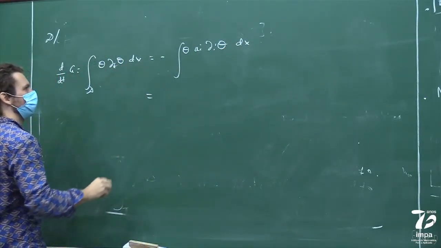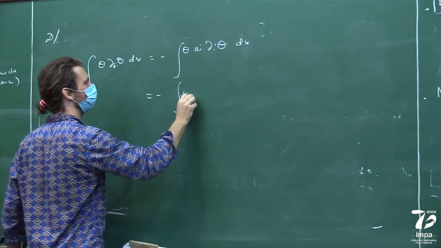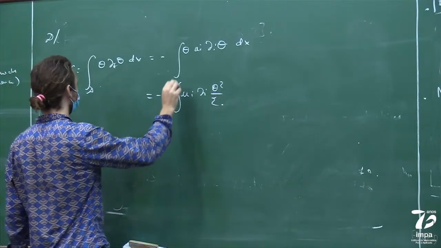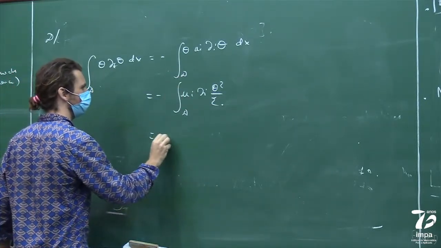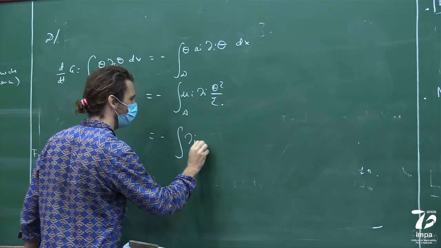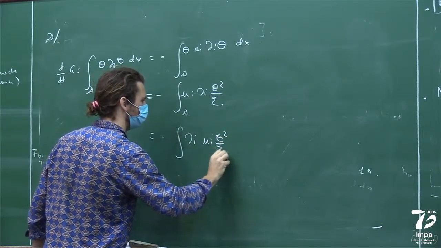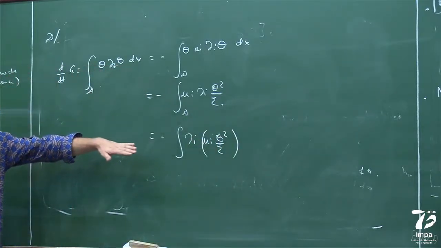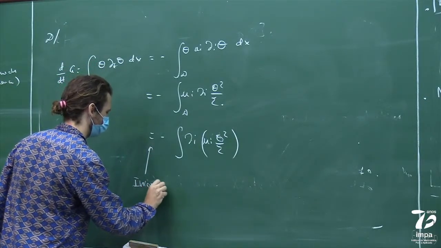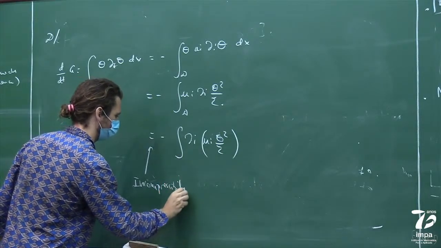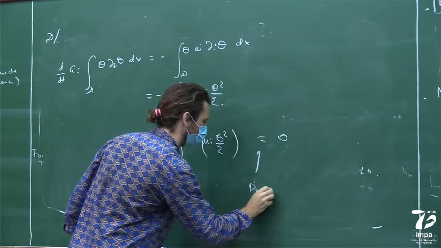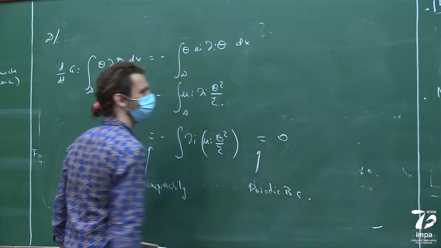I use Einstein notation. This is minus ui ∂i of θ²/2, and this is minus ∂i of ui θ²/2 by incompressibility. And this is 0 because of the periodic boundary conditions. Okay, yeah?